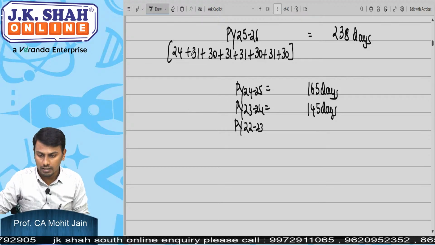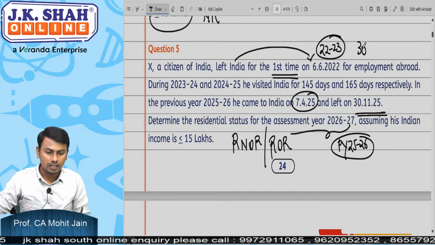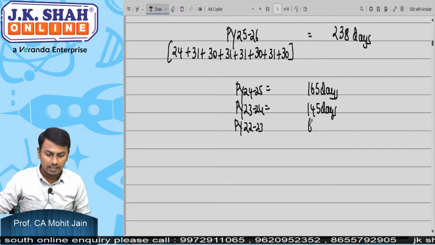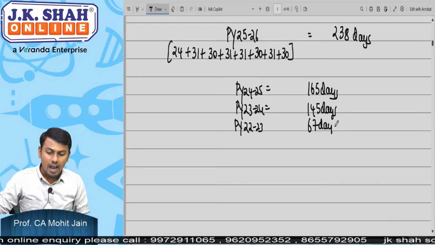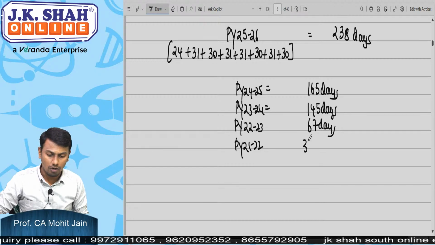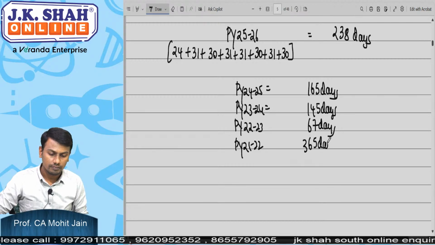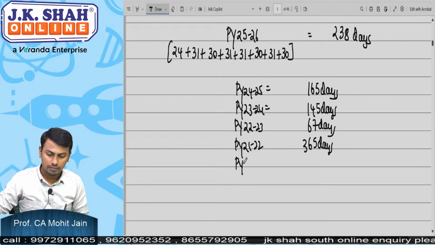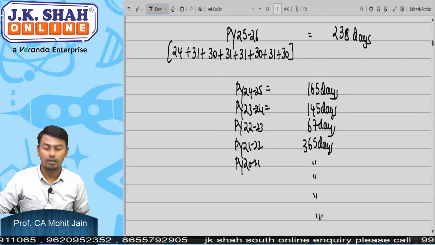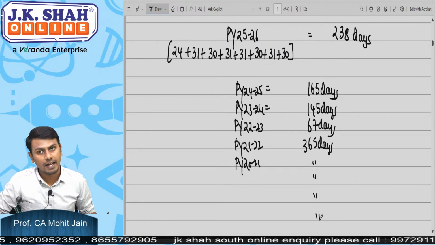So that is 30 days of April, May and June, that is 67 days. And before that he was always in India only. Everything will remain the same before that.